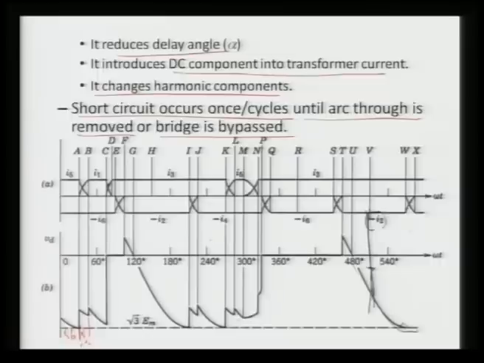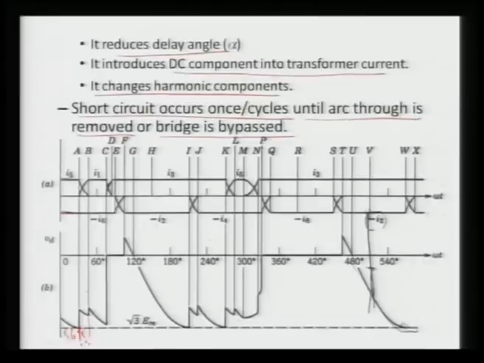You can see the current here, this is 6, this is 5, meaning valves 5 and 6 were conducting, because the current I5 is positive and I6 is negative, which determines the negative current here. This ID is there. Then we give the pulse to 1, and during this period, the overlap period U, 5, 6 and 1 are conducting. Then commutation is over, and now 6 and 1 are conducting.